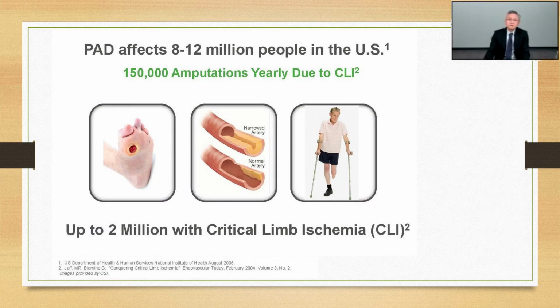Now, the next slide is actually my favorite slide. Let's orient ourselves to the slide first. There are actually 3 images on this slide. The one in the middle is just demonstrating the process of PAD. There are 2 short segments of blood vessels, one below and one above.